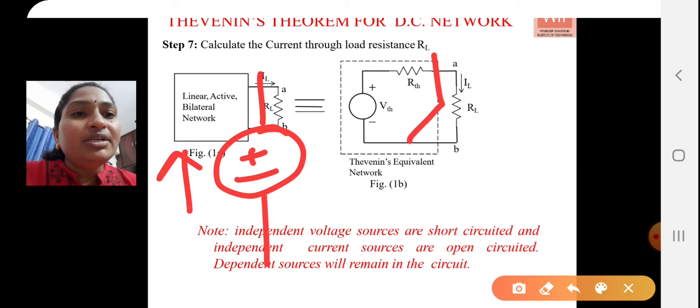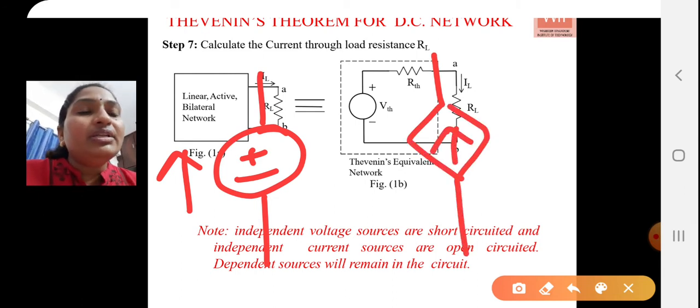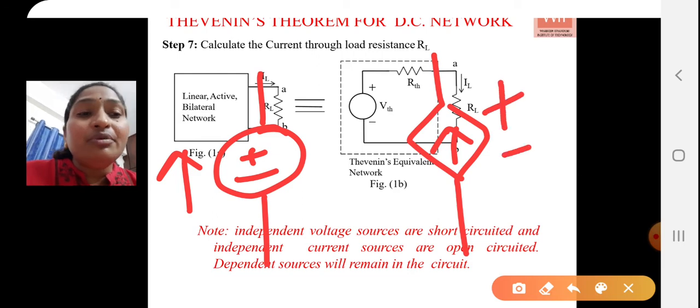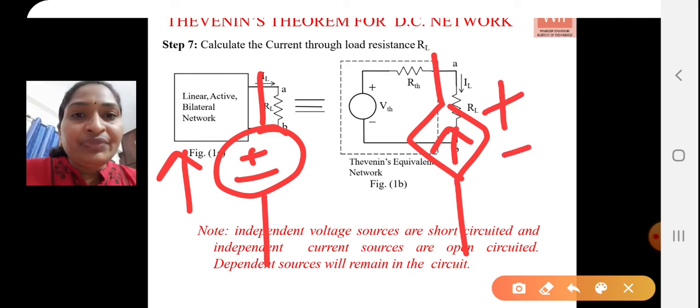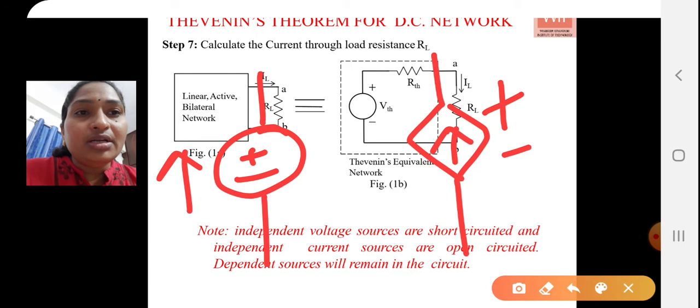Dependent sources are represented with a diamond symbol, and we have 4 different types: voltage controlled voltage source, current controlled voltage source, like that, VCVS, VCCS, CCVS, CCCS.